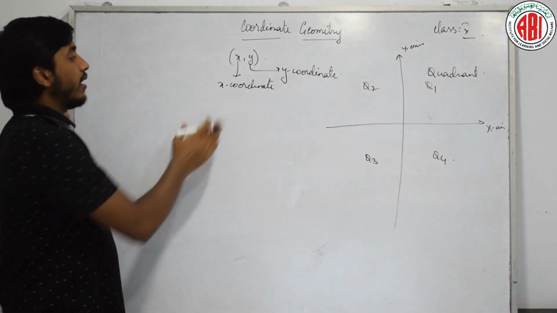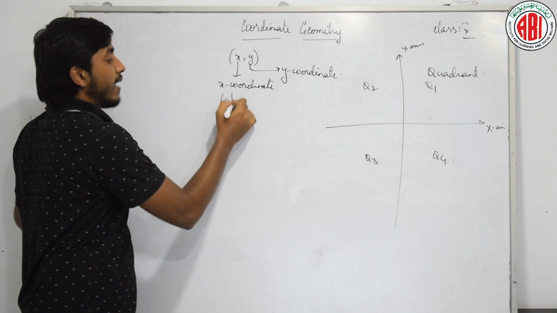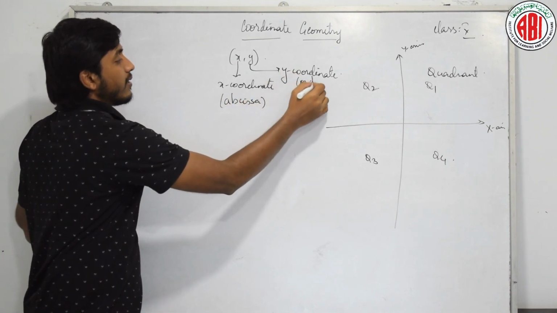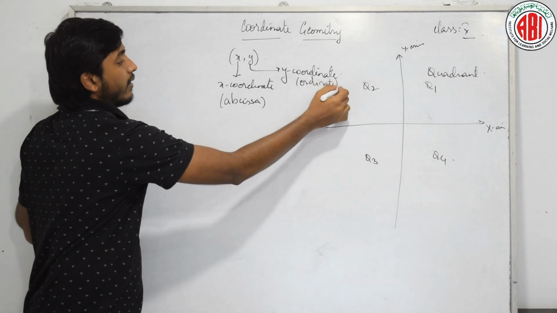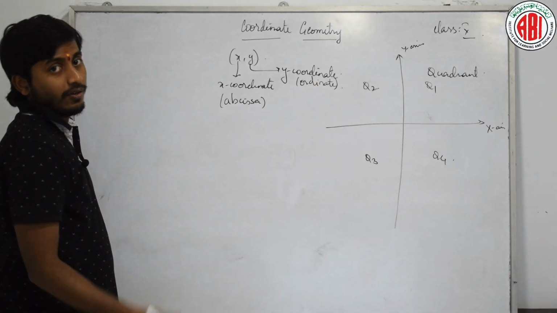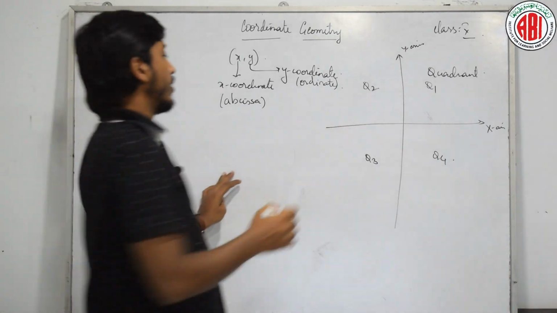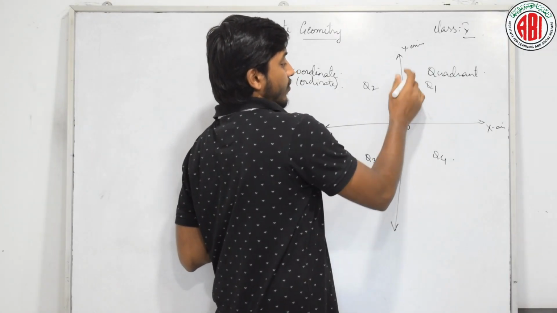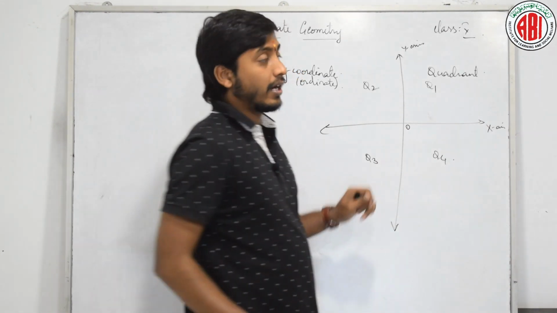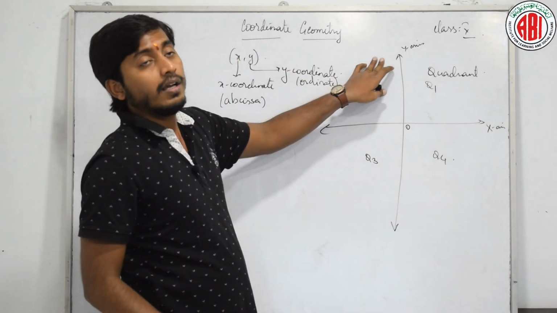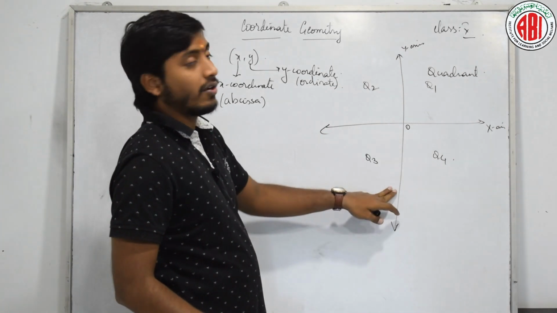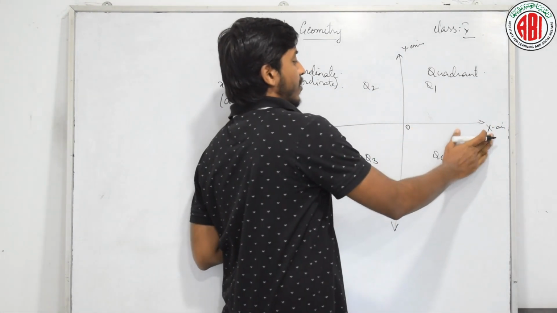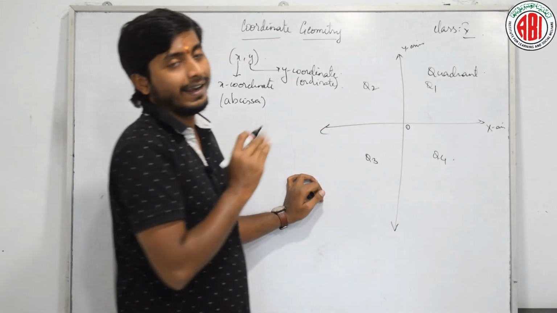Simply, the x coordinate can also be called abscissa and the y coordinate is also called ordinate. Which means the whole thing can be divided into 2 different parts, above 0 and below 0. Above 0 will always be positive numbers and below 0 will always be negative numbers. Similarly, the right side will have positive values, the left side will have negative values.